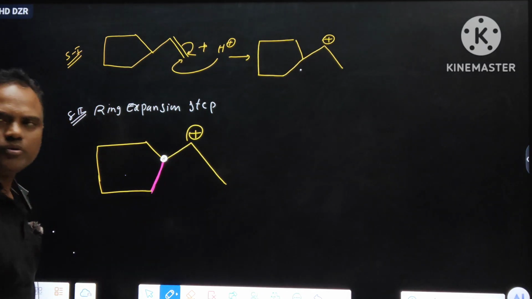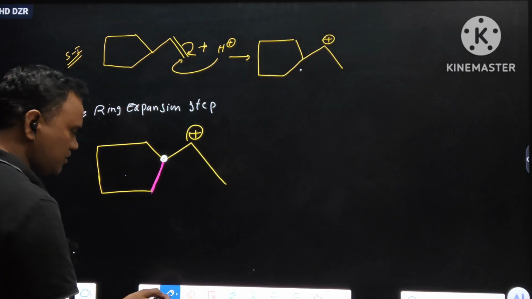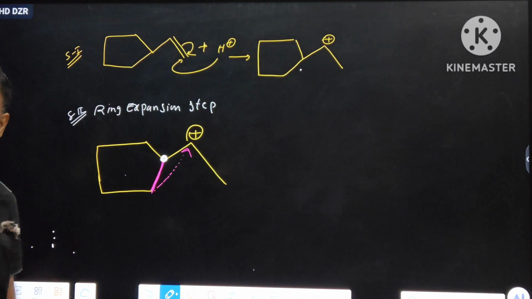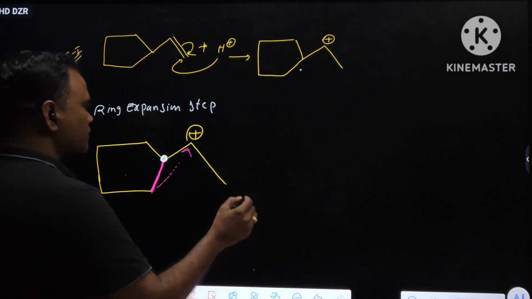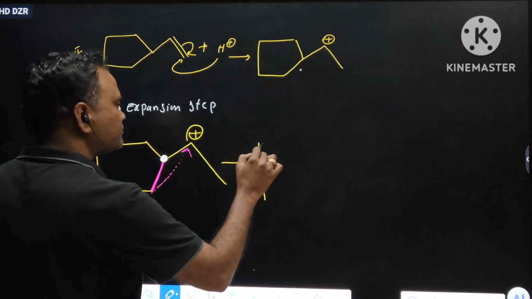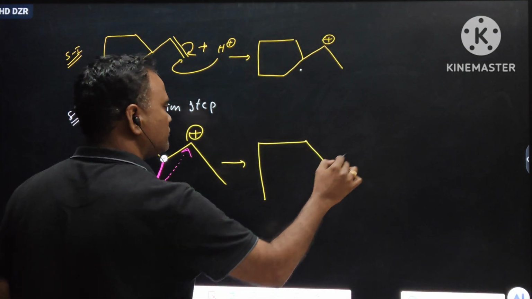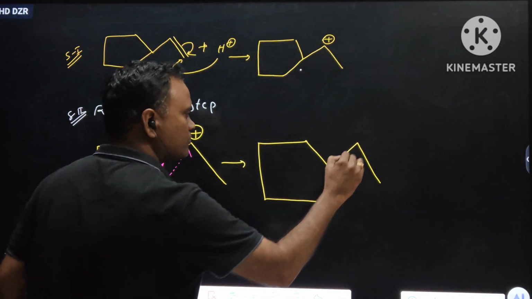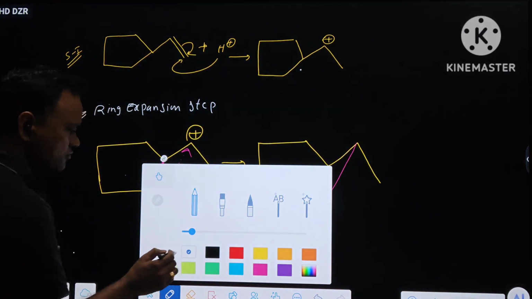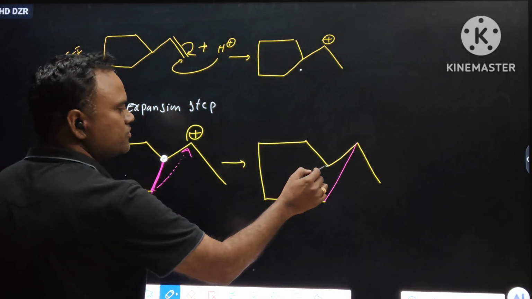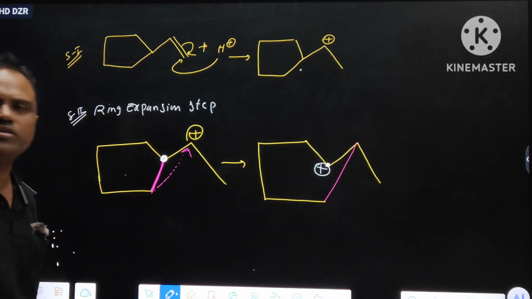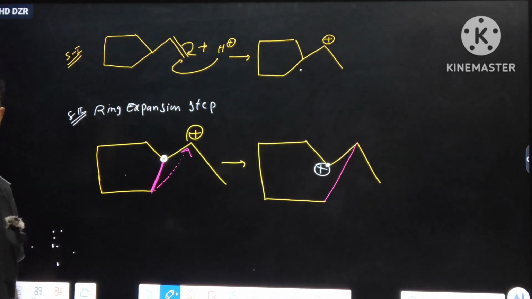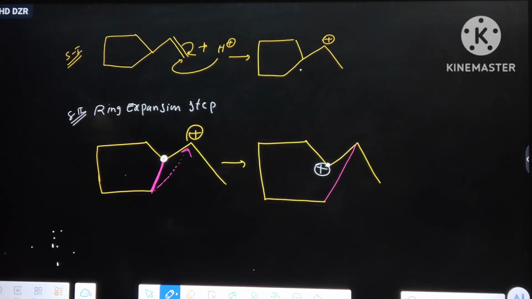Remove the bond and attach it to the carbocation to get a higher membered carbocation, shown by a dashed arrow. Now the white carbon will get a positive charge. Why will it get a positive charge? Because it is losing its bond. Clear?